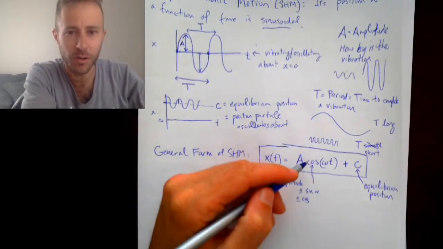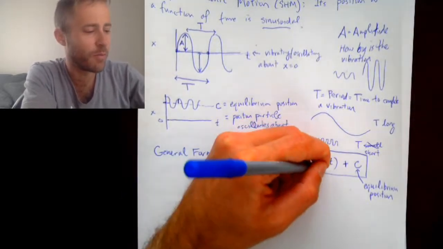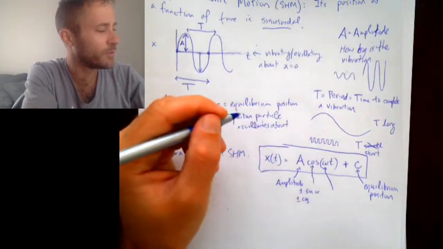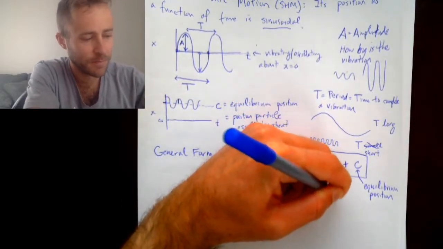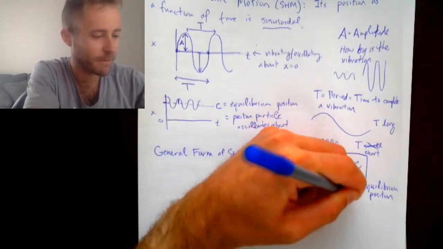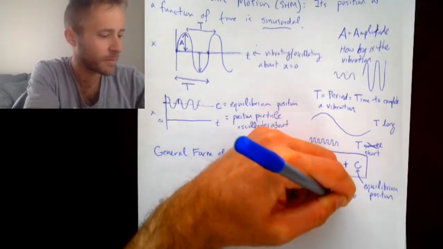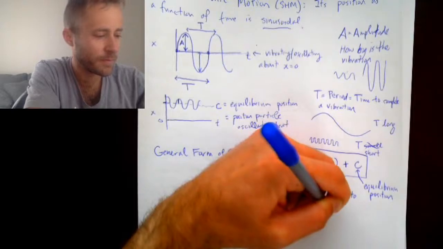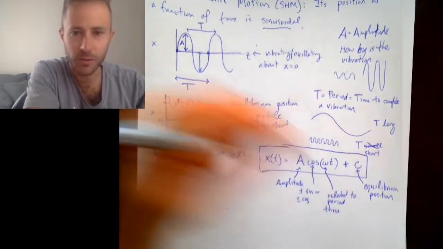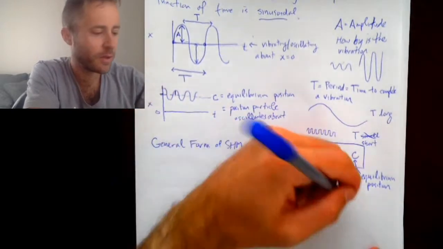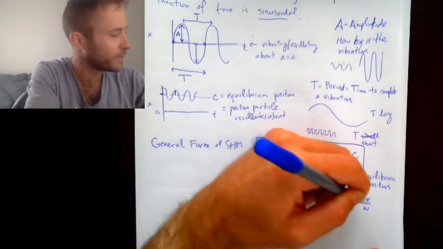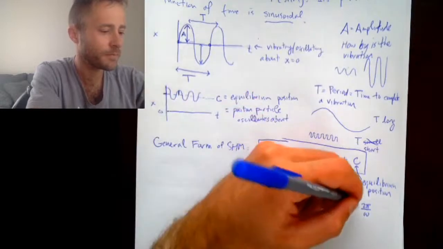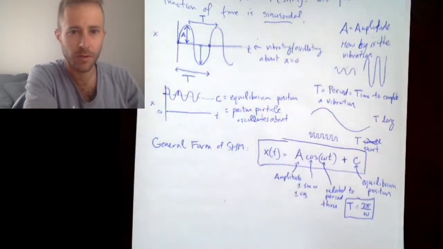And omega is basically related to the period. Through, and you'll want to write this equation down, the period is 2 pi over omega.